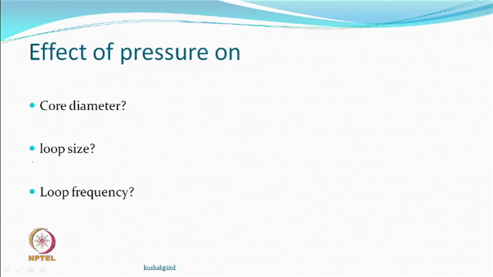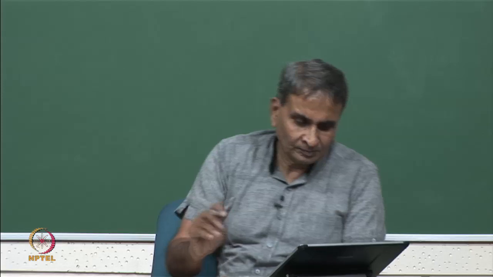When you have more pressure, what would happen to the average loop size?